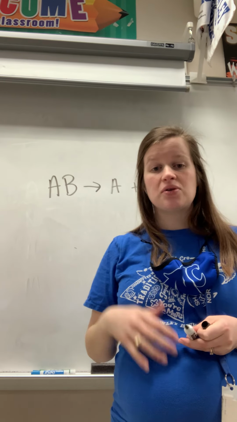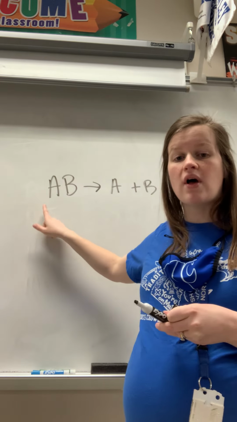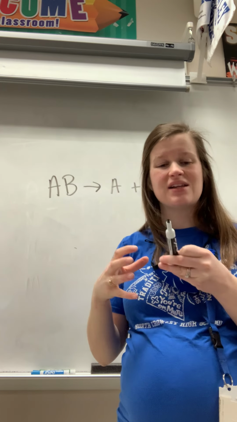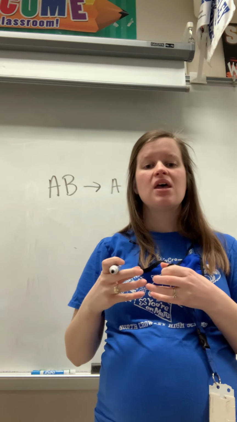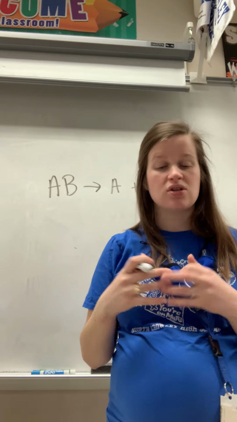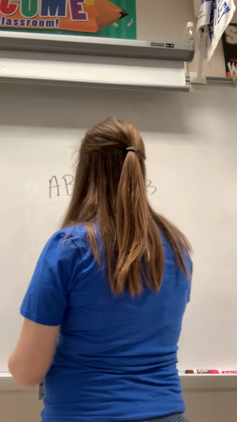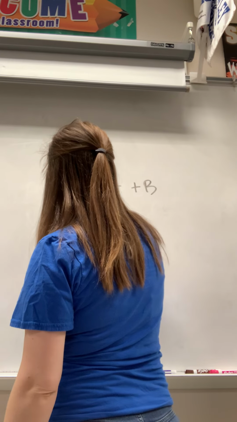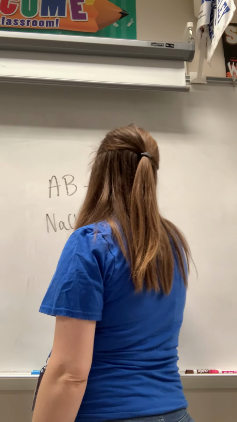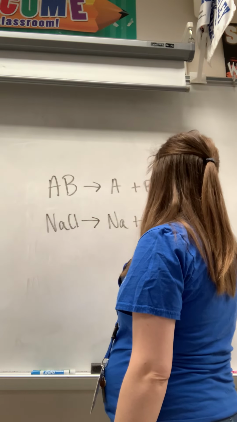And in a decomposition reaction, you always have only one reactant. That's it, because it needs to break apart. You can't have multiples, because then they want to react too, and that's no longer a decomposition. And so you could literally take the same problems, and if you just flip-flop them, they become a decomposition. So sodium chloride can break down into sodium and chlorine.